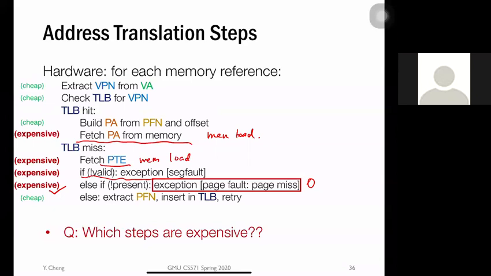So the operating system would go ahead and read something out from the disk I/O. I would say this step is much more expensive compared to the memory load because we're now talking about disk I/O instead of memory read.